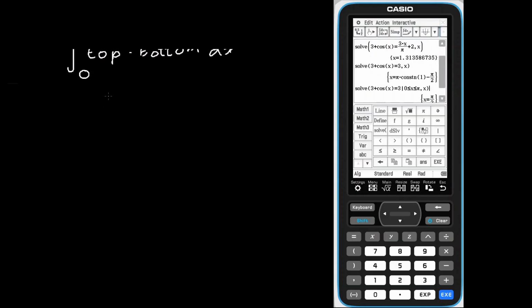So we can find the intersection using calc.